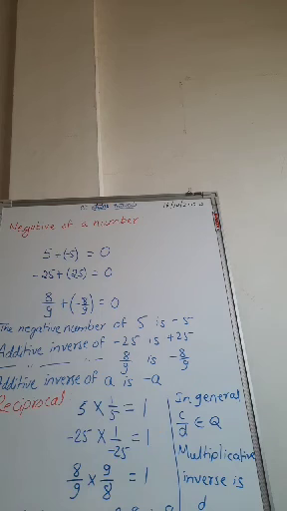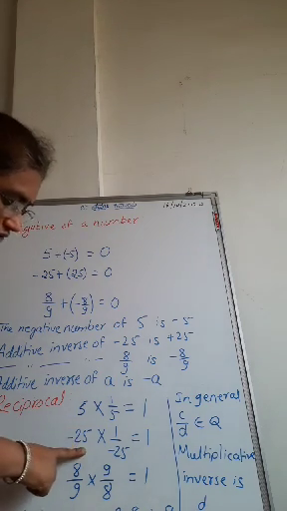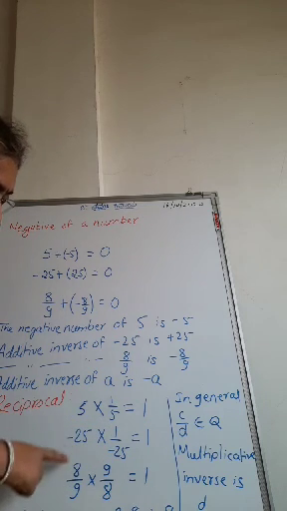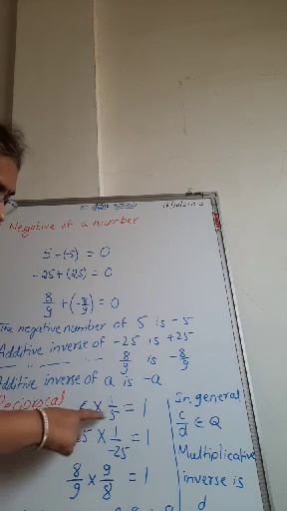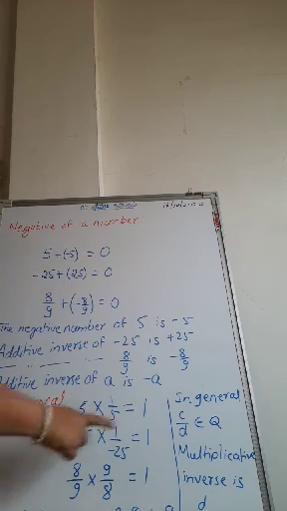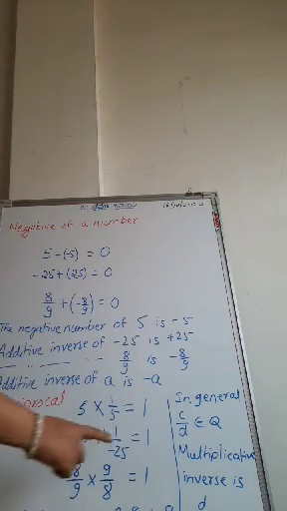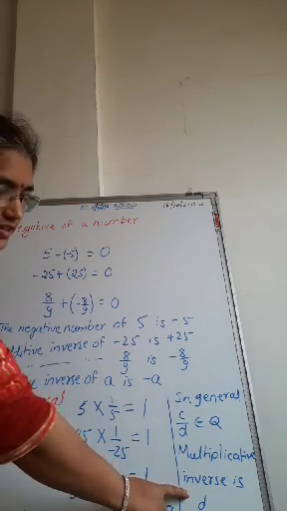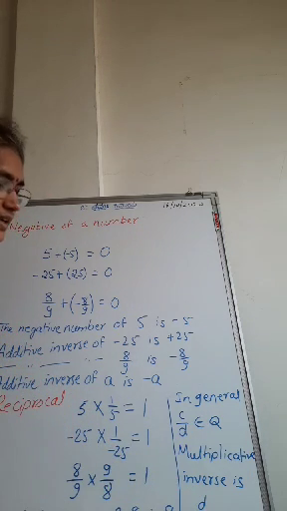Here the denominator should not be equal to 0. That is the one condition. Understood? Multiplicative inverse of 8 by 9 is 9 by 8. Multiplicative inverse of minus 25 is 1 divided by minus 25. Multiplicative inverse of 5 is 1 by 5. So, in general, this is the general form of the rational numbers. Okay.